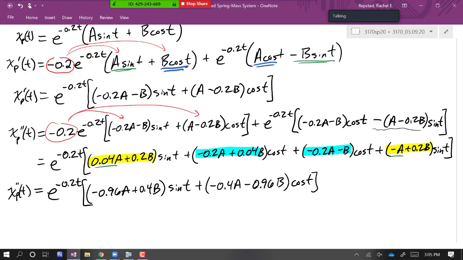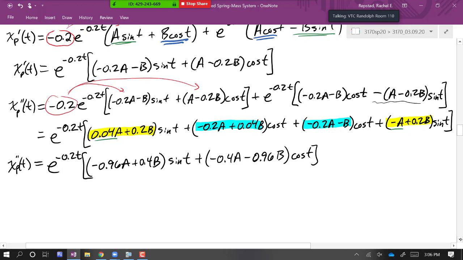Yeah, we need to find a and b. We're going to take the x prime and the x double prime, substitute them into the equation and set it equal to the forcing function, and then use some algebra to find a and b.